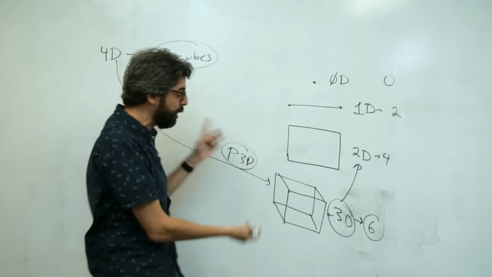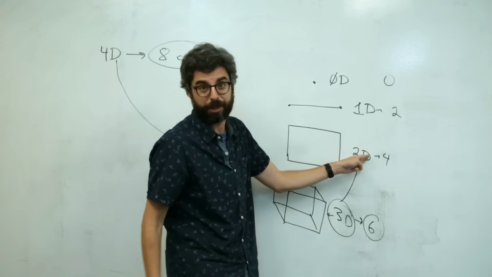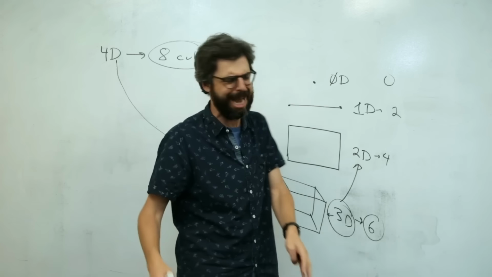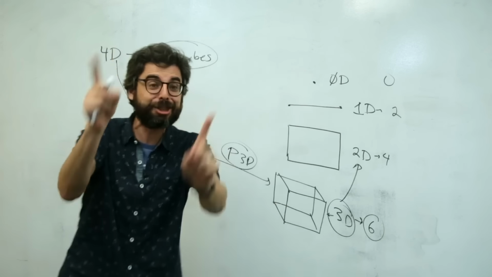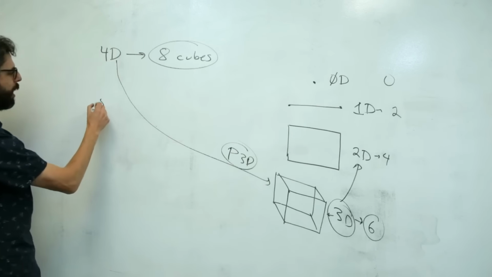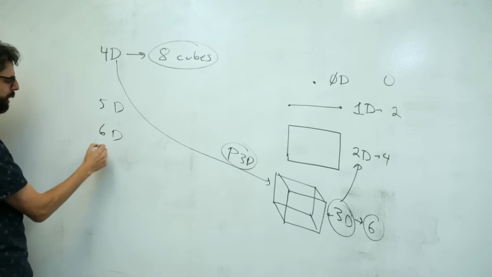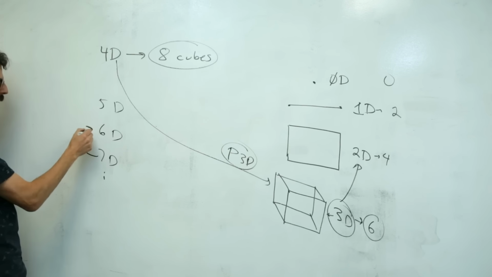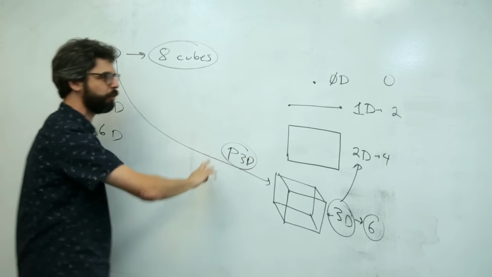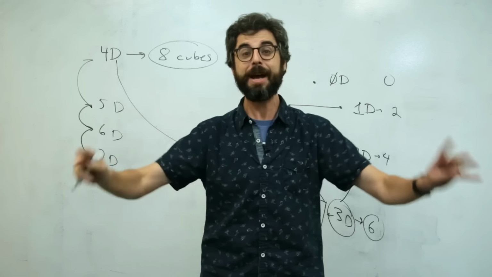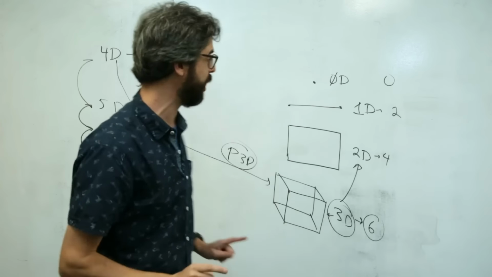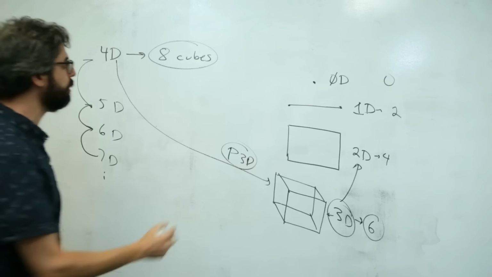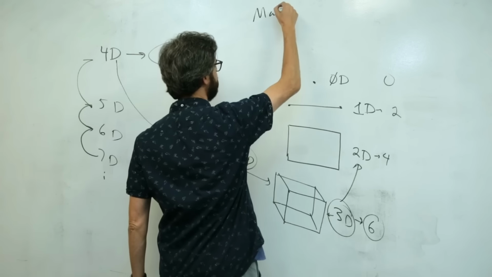Truth of the matter is I could then project it into 2D and render it with the P2D renderer too, but I'm lazy. I'm just going to do one projection. And if this is true, there's no reason why I couldn't create a 5D shape and a 6D shape and a 7D shape. And I project 7D into 6D into 5D into 4D and then into 3D and visualize it. So this is what I'm going to attempt to do in this video. It is going to require matrices.